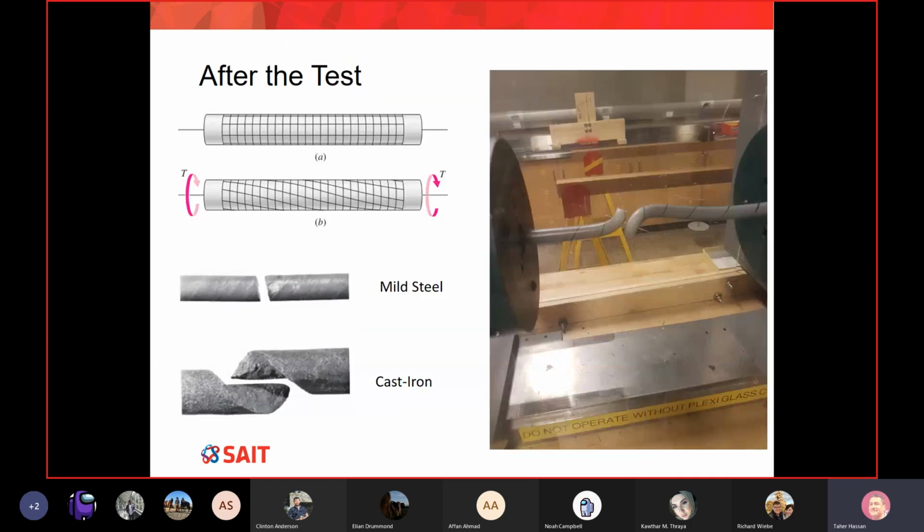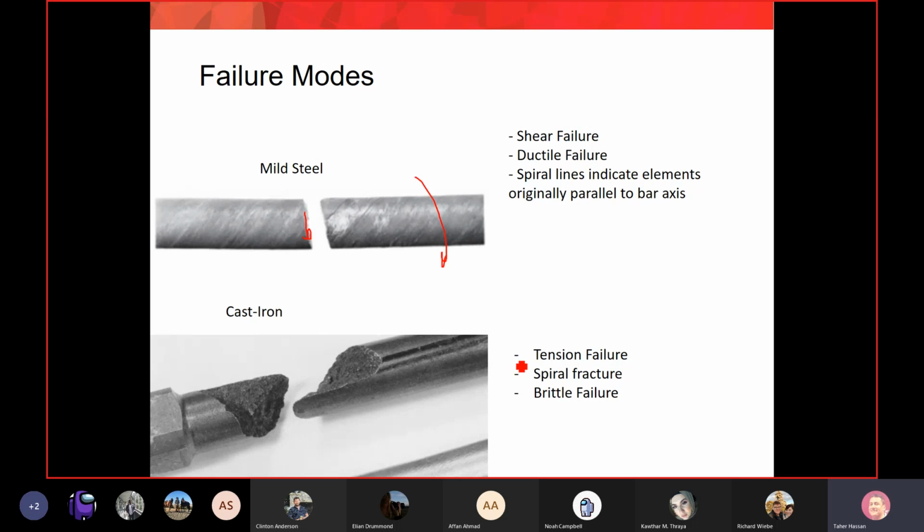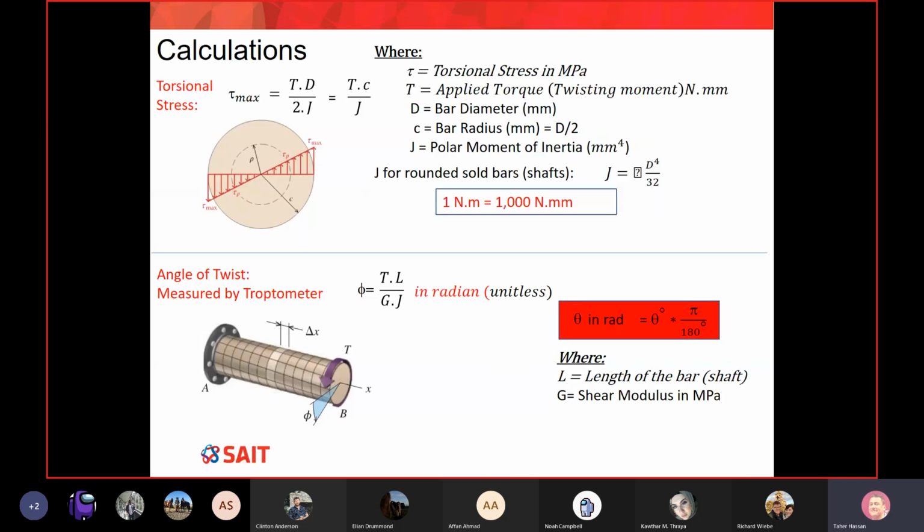The cast iron will fail in tension, and it will look like a spiral, and it's a brittle failure. While mild steel, we know that it's a ductile material which will fail after it yields.